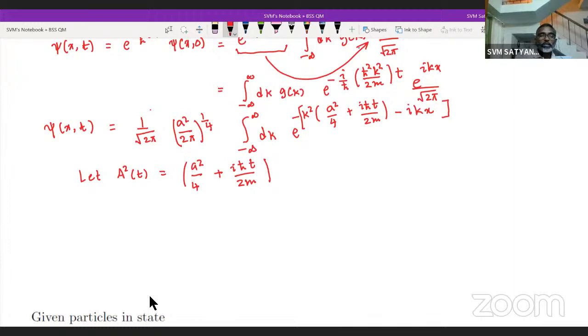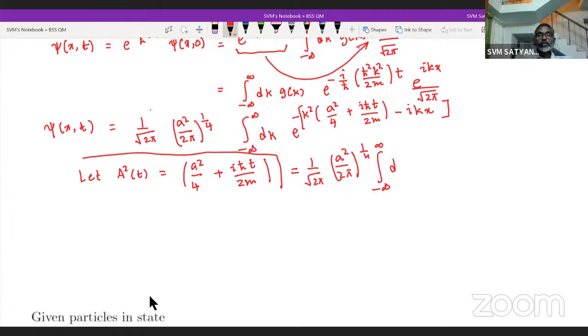So what is the advantage of doing this? Then this equation will be equal to 1 over root 2 pi, a square by 2 pi to the power 1 by 4, integral from minus infinity to infinity dk e to the minus k into a of t, the square, minus ikx.